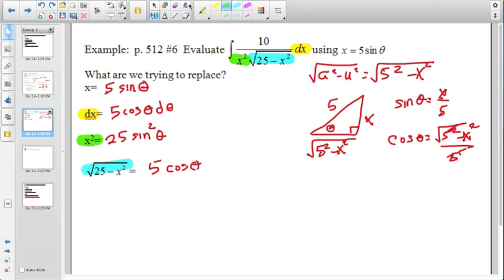As we write this integral then, we're going to substitute all of these expressions in. The 10 is just a number, so we're going to leave that right there. X squared is 25 sine squared theta. Dx is 5 cosine theta d theta.